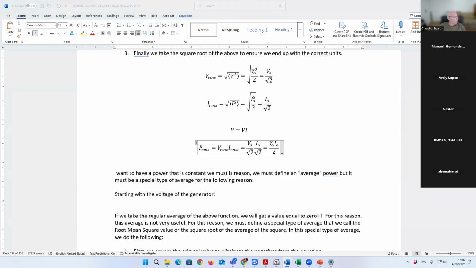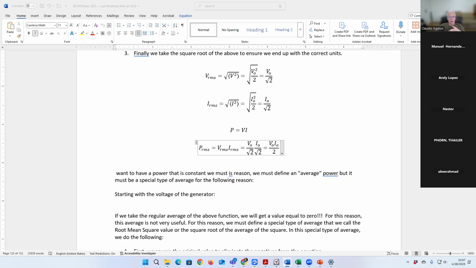That's the special type of average that you have to keep in mind. The same applies to voltage and current. If we're dealing with AC circuits, there are some multimeters out there that cannot keep up with the measurement of the voltage or the current, because sometimes the voltage and the current change so quickly that you cannot see the time variation with your eyes.